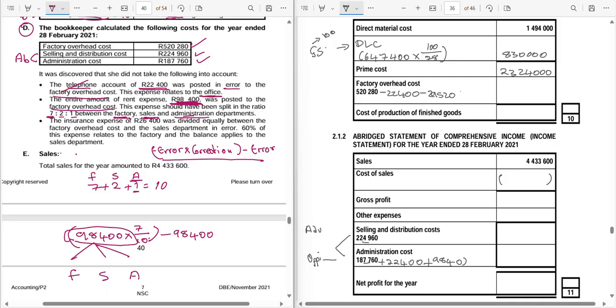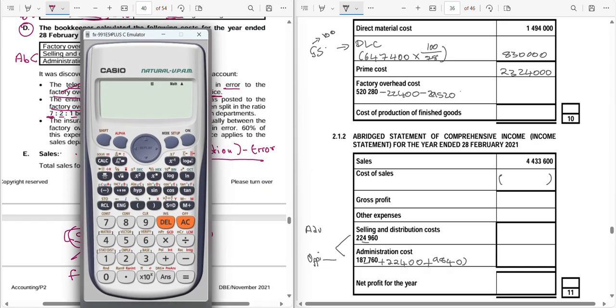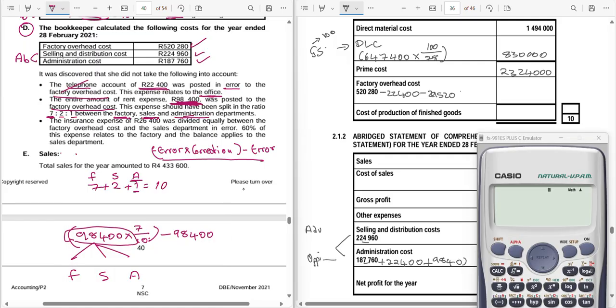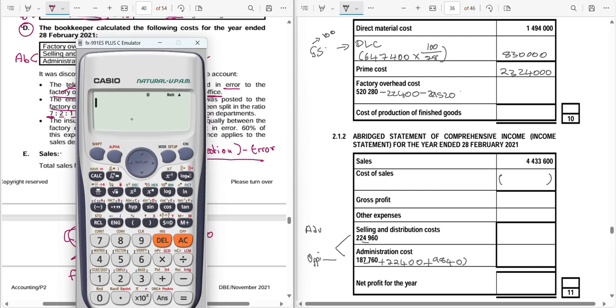So now, what we need to do now, let's proceed. You are correct, Teofato. Why am I saying that? When you check here, this amount of 29,520, you are going to reduce this, right?